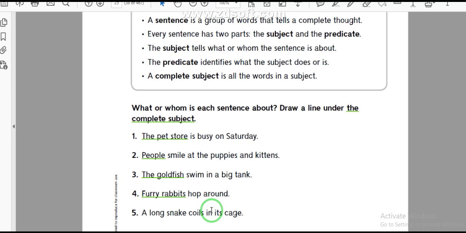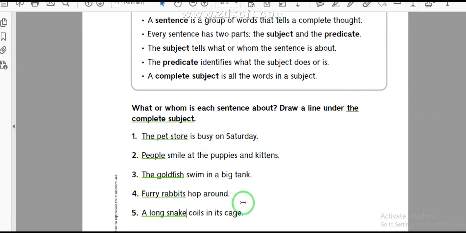Coils means like it turns, you know how the snake turns around someone? Okay, so coils is a verb, so coils no. Only a long snake, because a long snake is the complete subject, it's the naming part. Okay, the complete subject means all the subject, all the words in the subject.